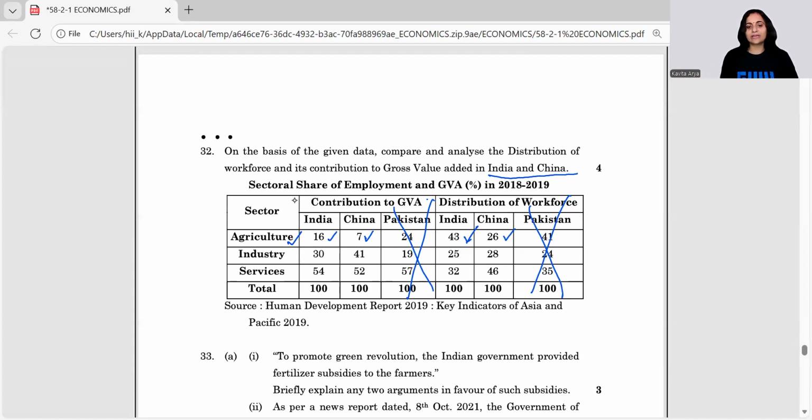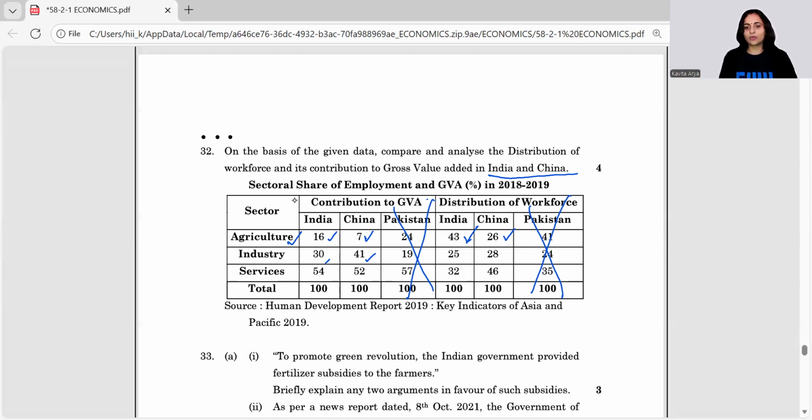Then we talk about industry. The industrial contribution is 41 in China as compared to 30, because we do not have a robust structure of industries. Industries are still in the developing stage in India because of lack of funds and lack of technology, but it is way better in China, because of modernization.